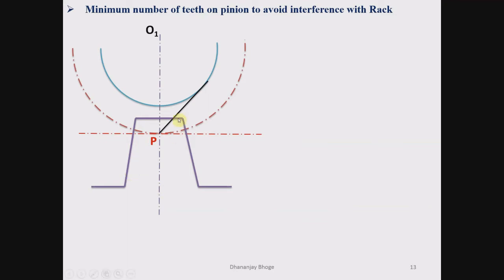And we know that the tangent line will always pass through the pitch point. This is the pressure line or line of action. So draw a line passing through point P and tangent to base circle of pinion.